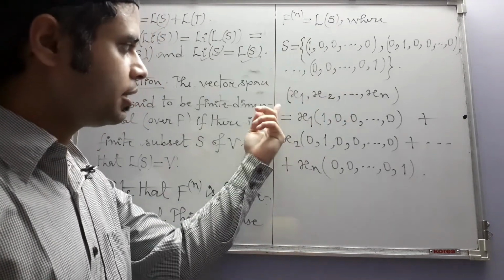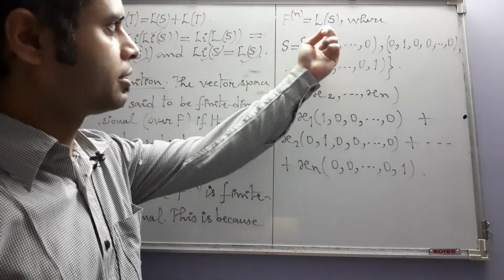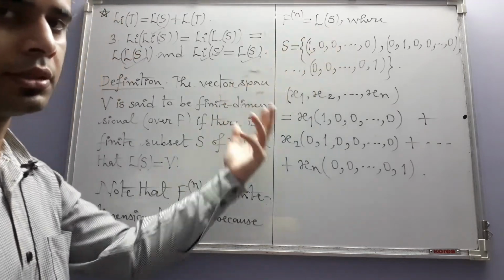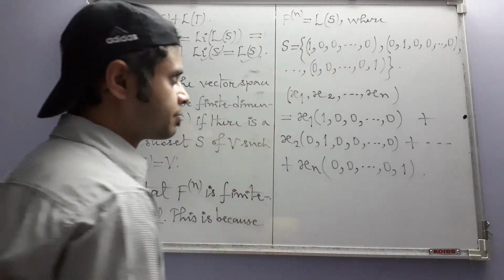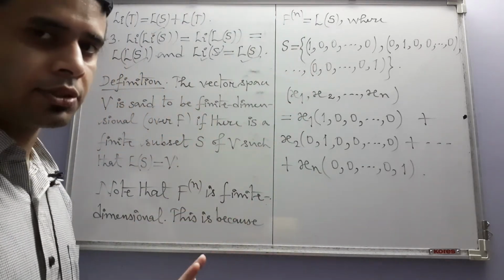So clearly every element belongs to the linear span of this particular S, and the linear span of S of course is also contained in Fn because it's a subspace of Fn. So because of this, Fn is finite dimensional.